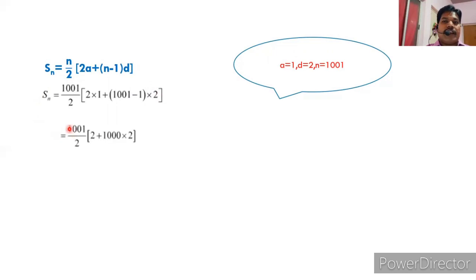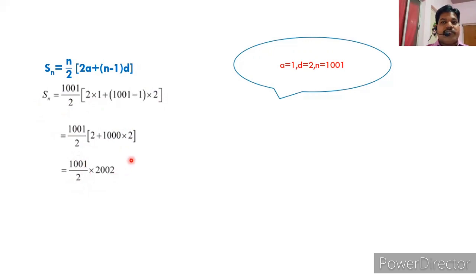Just simplify that value. That is 1001 by 2 into 2 plus 1000 into 2. 1000 into 2 is 2000, plus 2 is 2002. So that is 1001 by 2 into 2002.